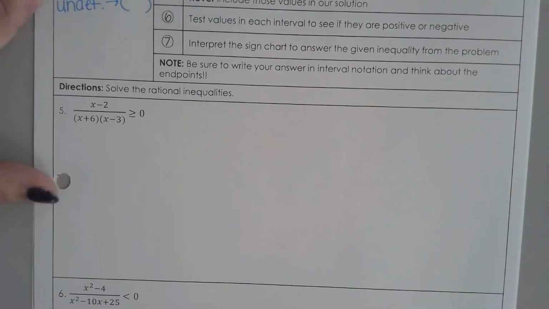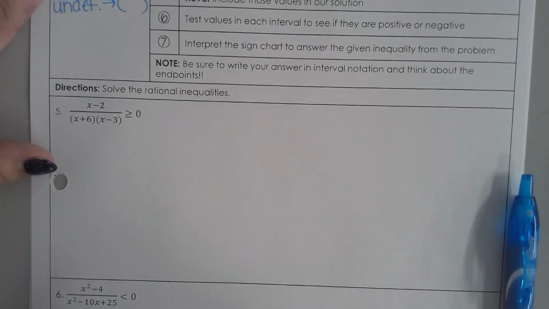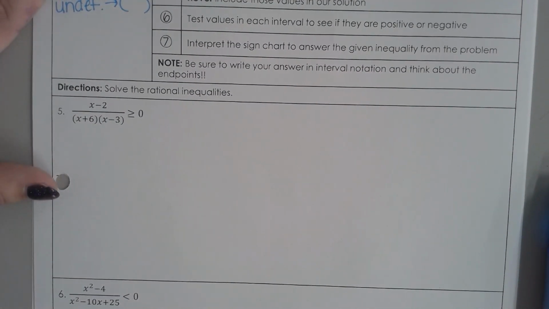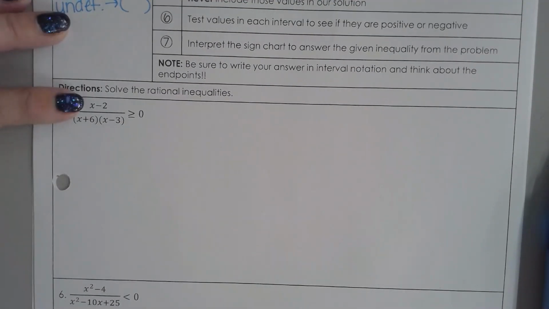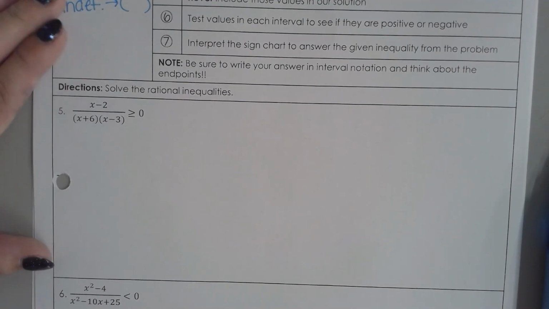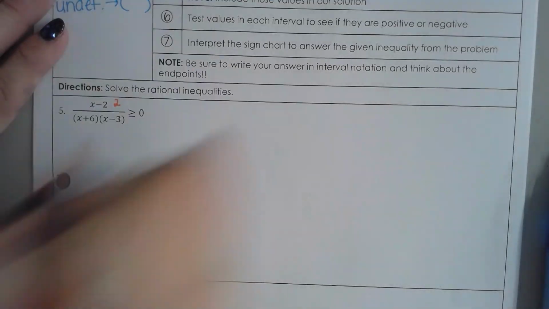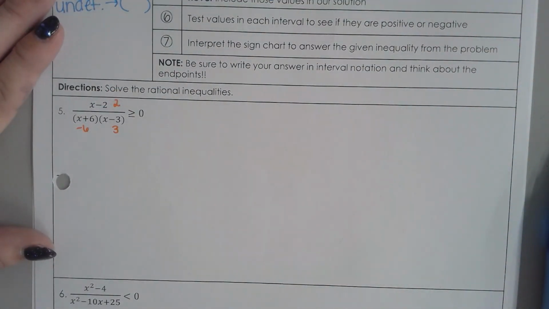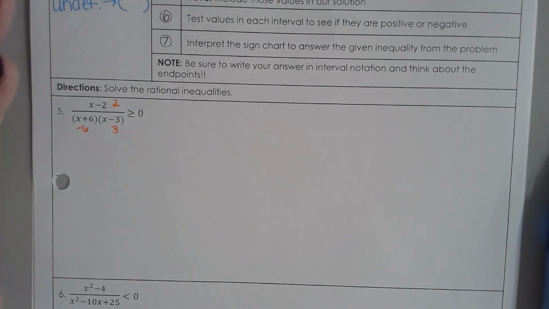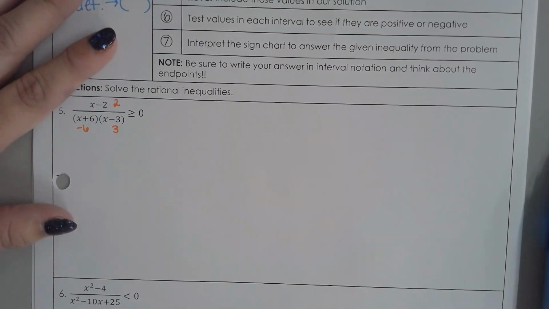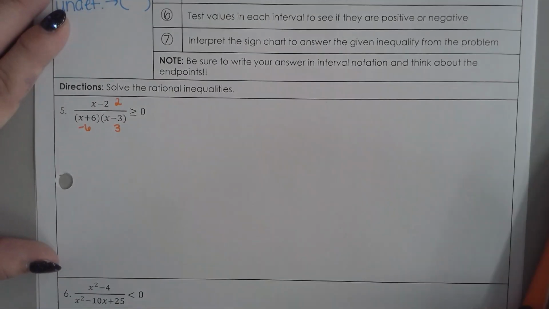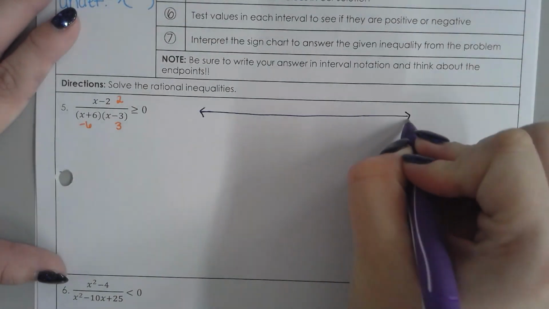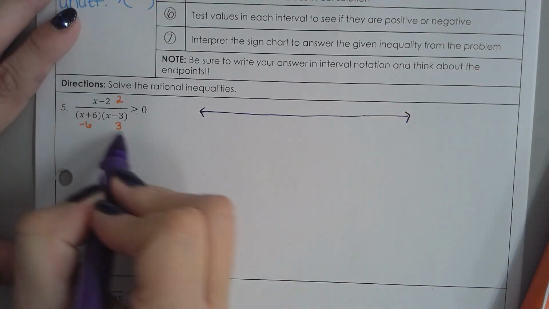All right. So number 5, everything is already factored for us. So if I set each factor equal to 0, I've got a 2, a negative 6, and a 3. You don't have to show x minus 2 equals 0. You don't have to do that. Okay. So I'm going to have 3 numbers.